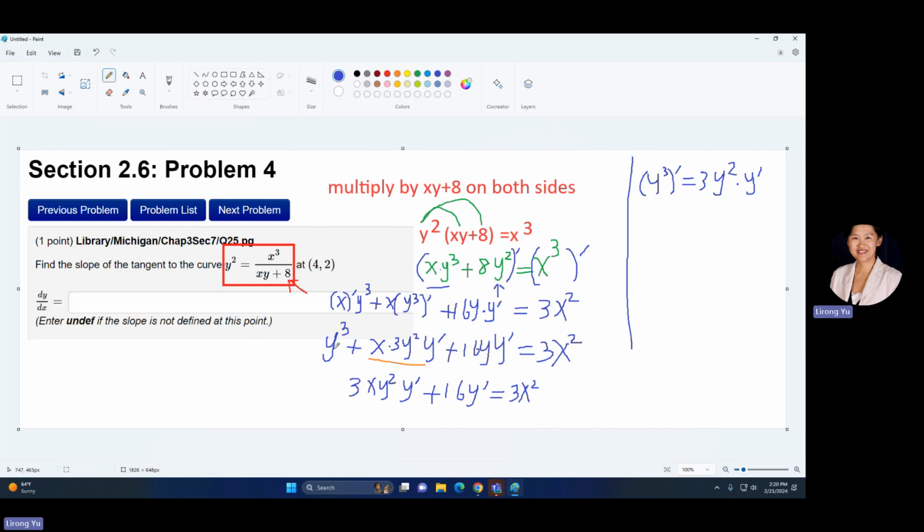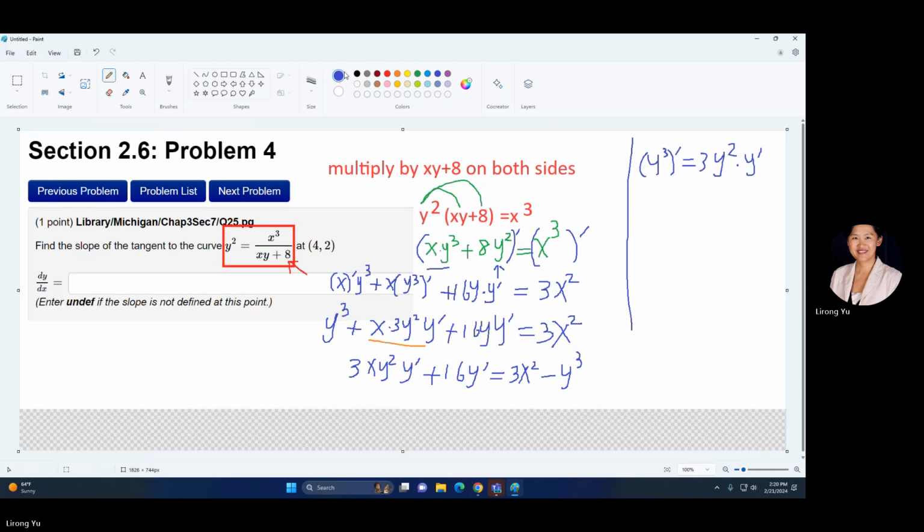The y cube doesn't have y prime, so we minus the y cube on both sides of the equation. The left side, if you minus y cube, is gone. The right side, if you minus y cube, becomes the term. That's what we have so far.